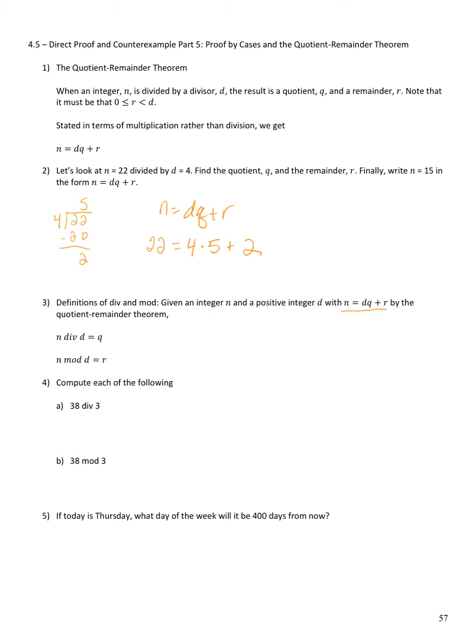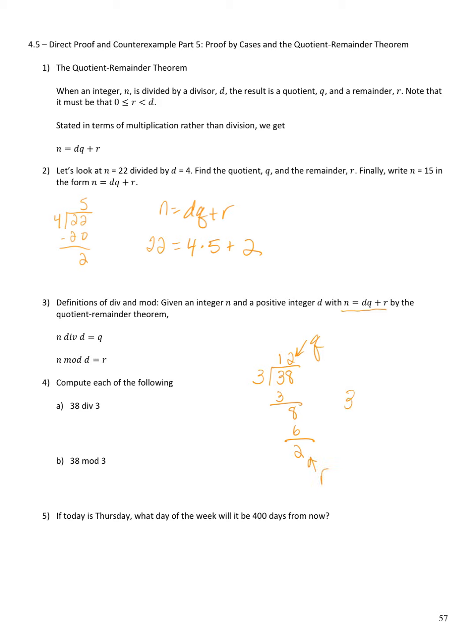I'm going to write 38 as dq plus r. So 38 divided by the divisor of 3. 3 goes into 3 once. Subtract, bring down the 8. 3 goes into 8 twice. 2 times 3 is 6. Subtract, you get 2. 3 does not go into 2, so I'm done. 12 is my quotient, 2 is my remainder.